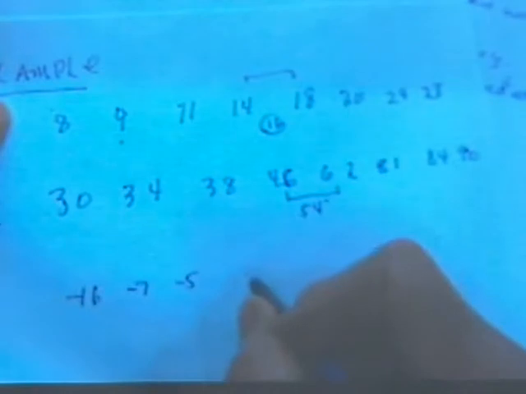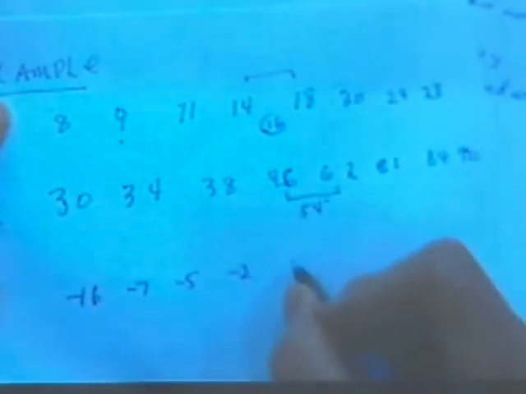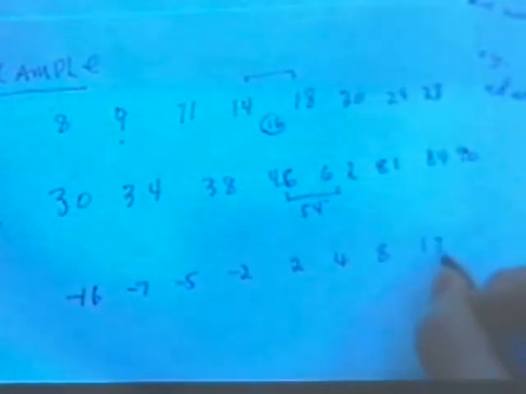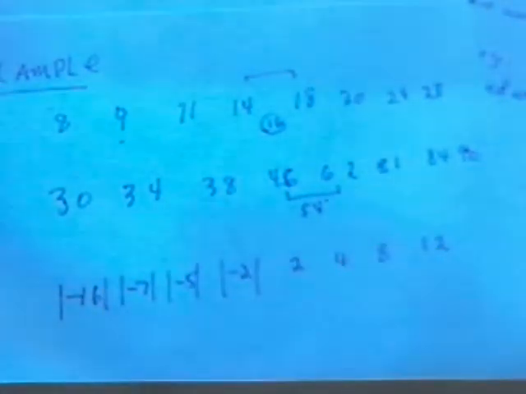It's 8 minus 16, so we align, and then we fold, right? And then we do the same thing to the aligned values.